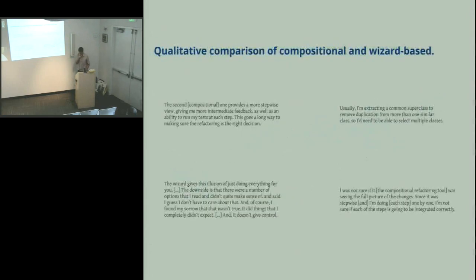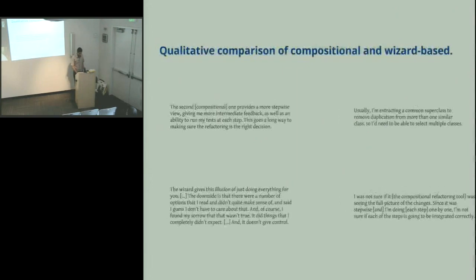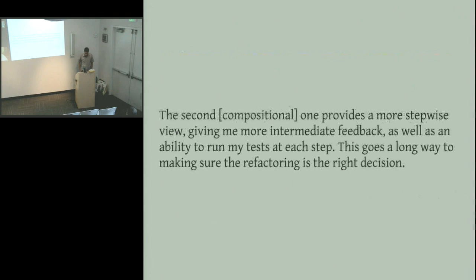So here are some qualitative comparisons of the tools. We asked people to tell us what they liked and disliked about each approach. These are some of the codes. This one is saying the second, compositional style provides a more stepwise view, giving me more intermediate feedback as well as an ability to run my tests at each step.